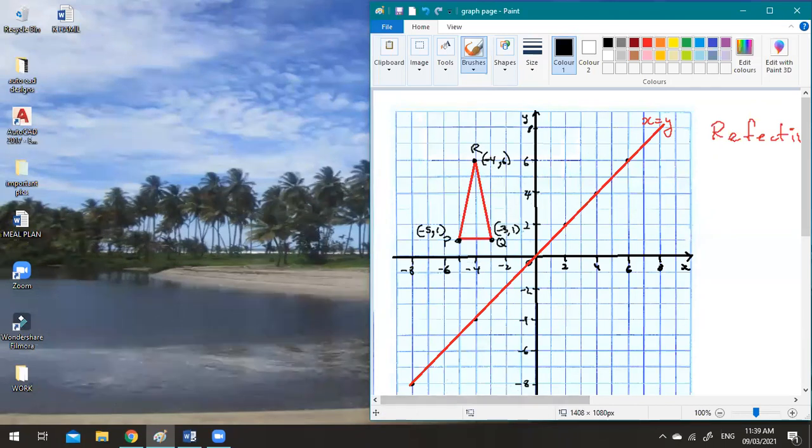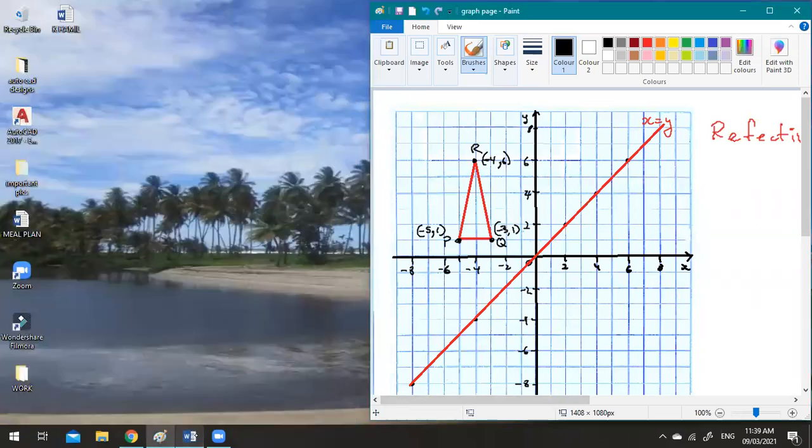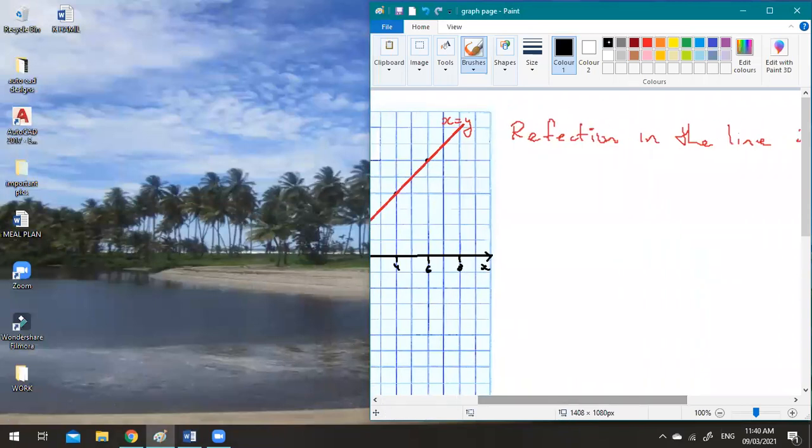Now the rule is for reflection in the line y equal to x, right? All right, before I forget, the object was given an x and y value, right?